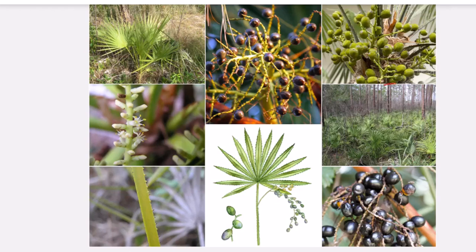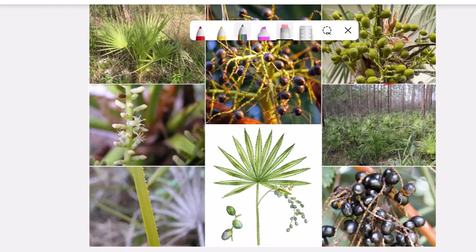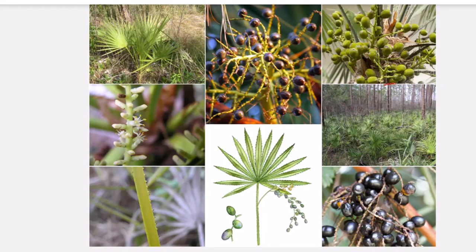And then you can see in the lower left, we have this leaf that is spiky. So that is where the saw comes into the name. We have little spikes on the leaves. And we also have a plant that is virtually trunkless.